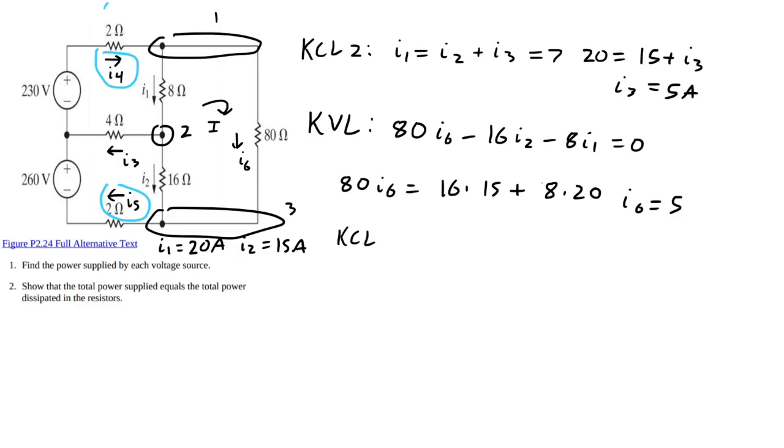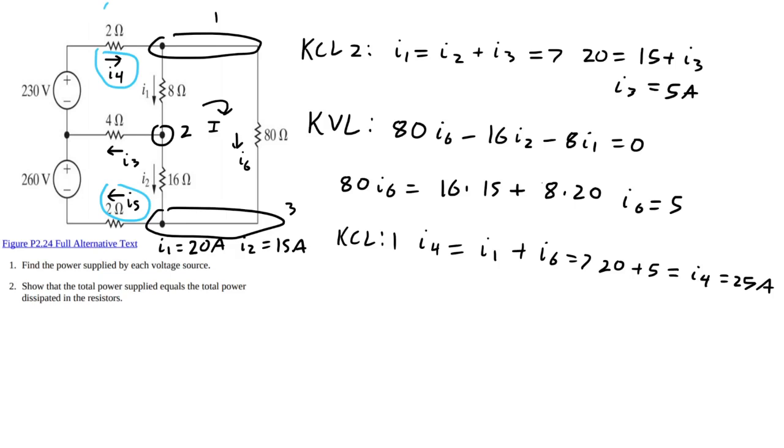KCL at node 1. So we have I4 going in, and we have I1 leaving, and I6 leaving. So I4 is going to equal I1 plus I6. So I1 is known to be 20, because it's given by the problem, and I6 we just calculated as 5. So I4 is 25 amps.